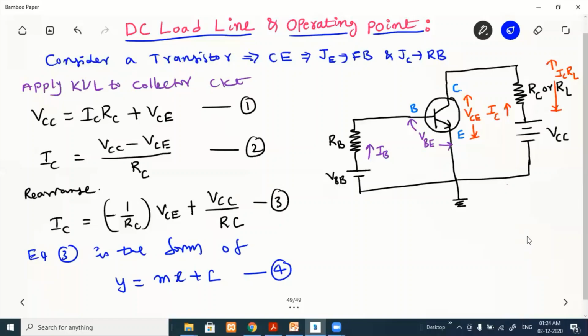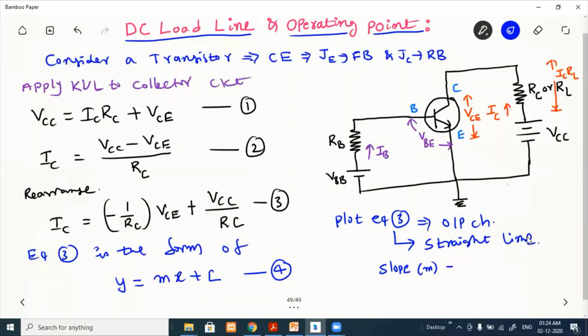Means if you plot equation 3 on the transistor output characteristics, then equation 3 represents a straight line. On the output characteristics, equation 3 becomes a straight line with slope equal to, if you compare equations 3 and 4, the slope that we are calling m, which is equal to minus 1 by RC.